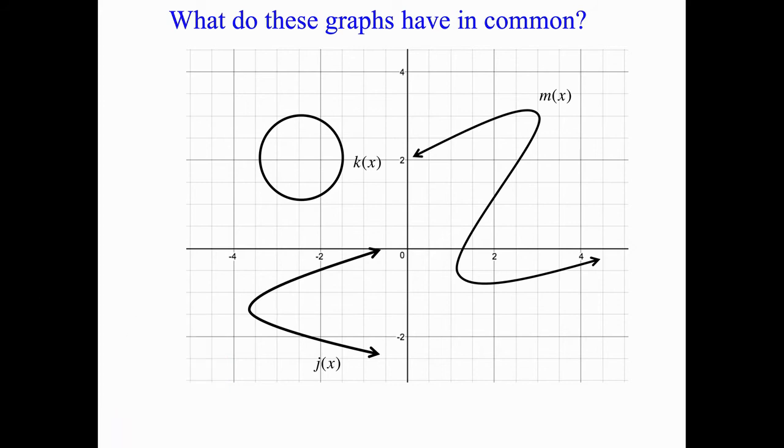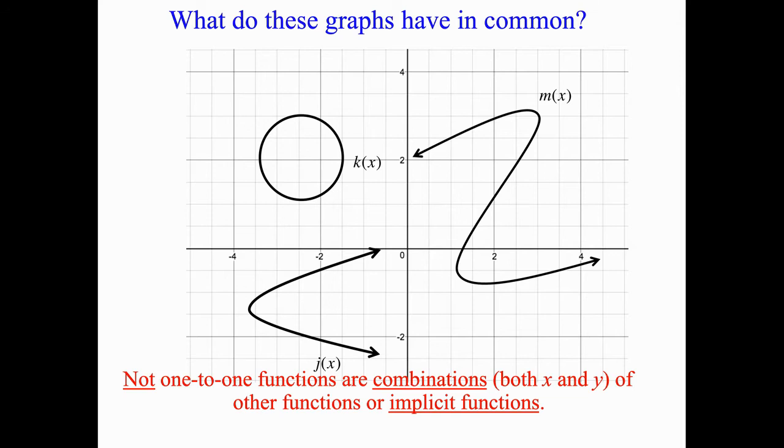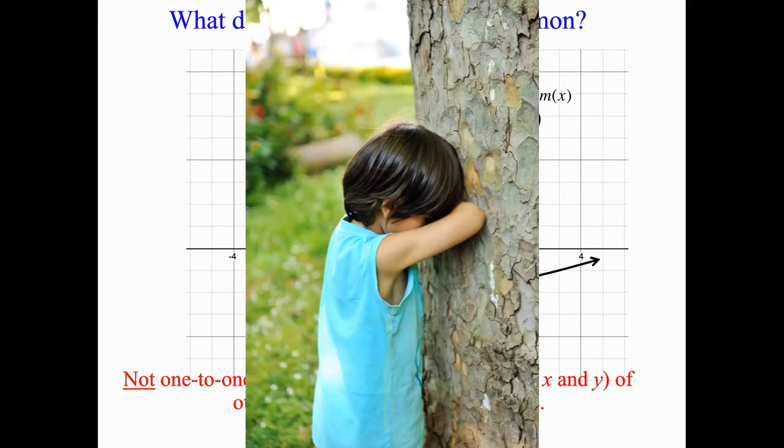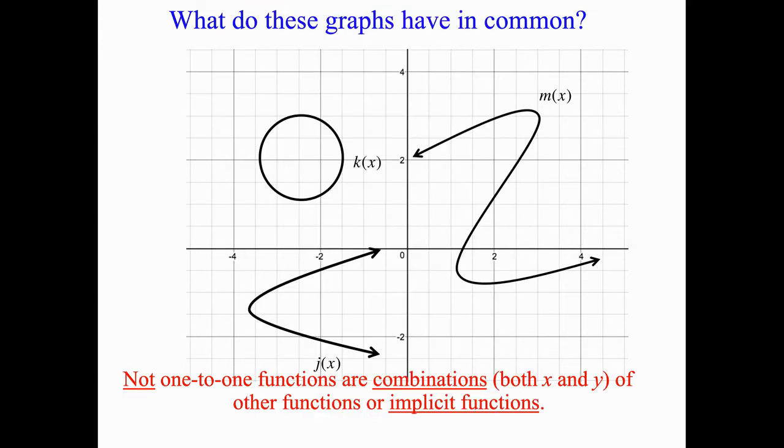Now, what do these graphs have in common? Hopefully you recognize these are not one-to-one functions. They will not pass the vertical line test. These are what we call implicit functions. In other words, they are relations that are combinations of both x and y, or of other functions. So remember in the beginning when I asked you, what does it mean for something to be implicit, right? It's implied, it's hidden. Well, let's look at the circle, for example, k of x.